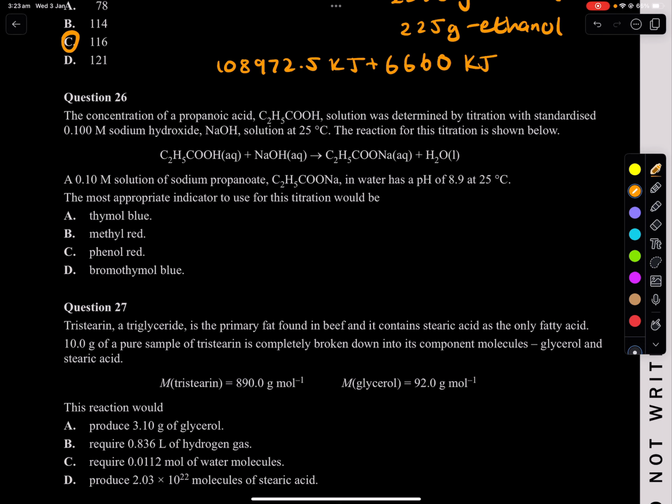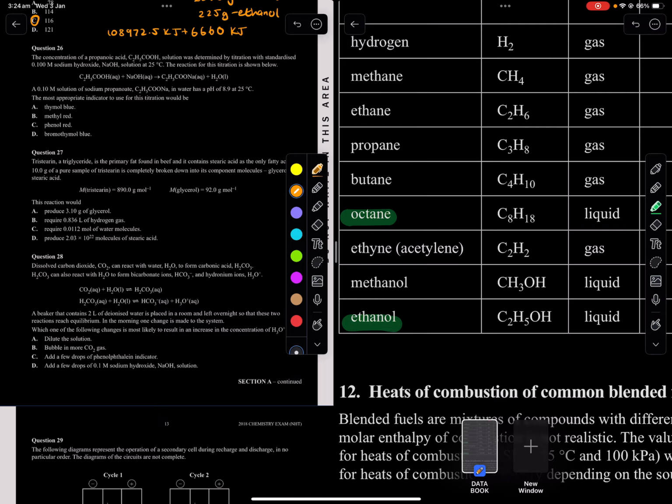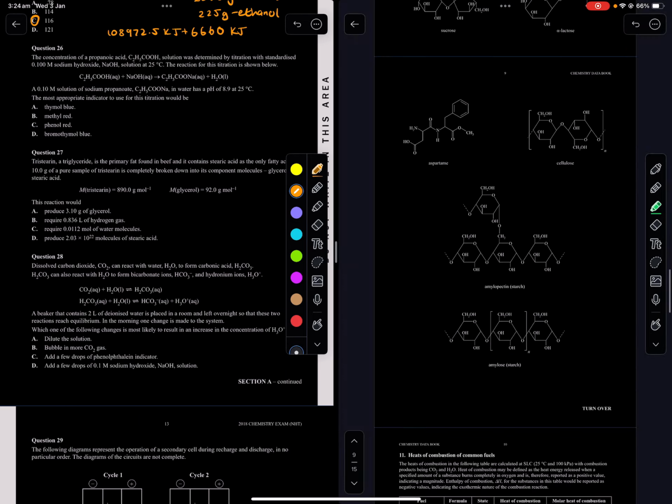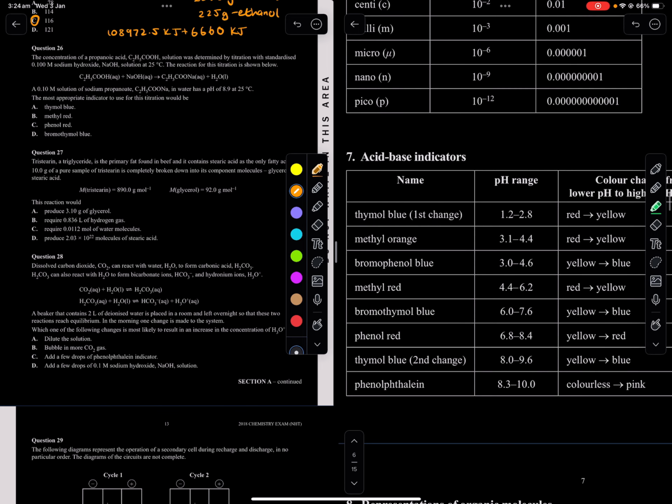Such a beautiful question because they've given you the pH for this over here, which is going to give you where the end point is going to happen. So if you look at your formula sheet, luckily we have the pH values. Where is it? Here. So acid-base indicators.